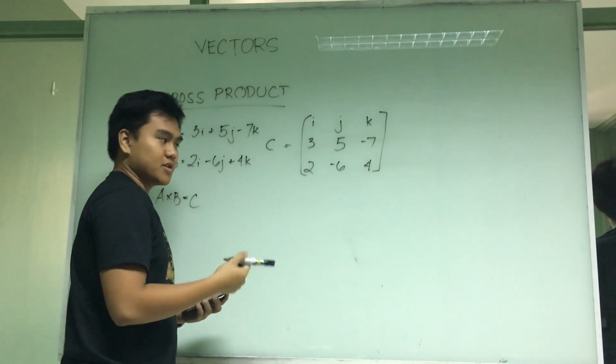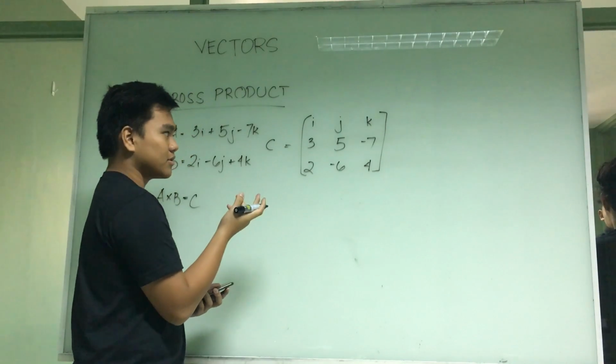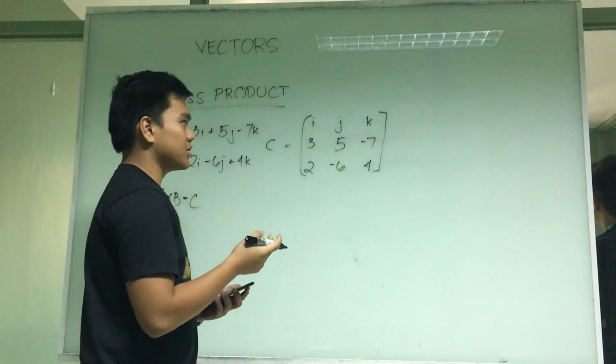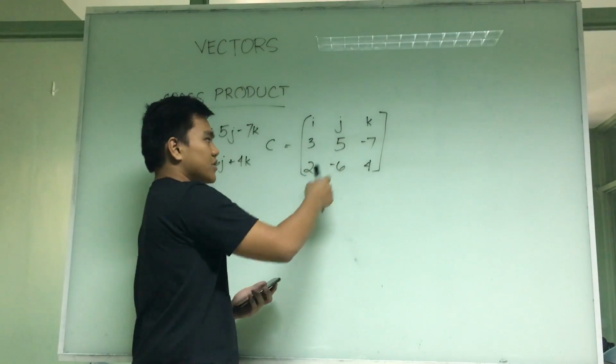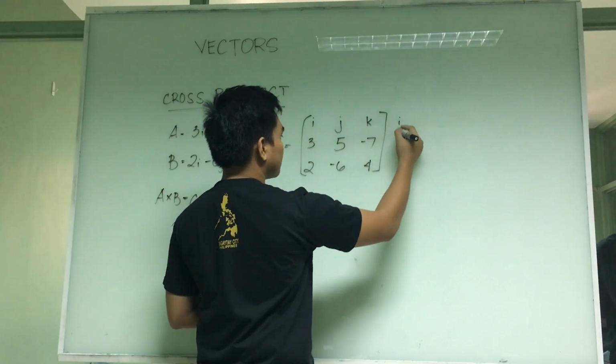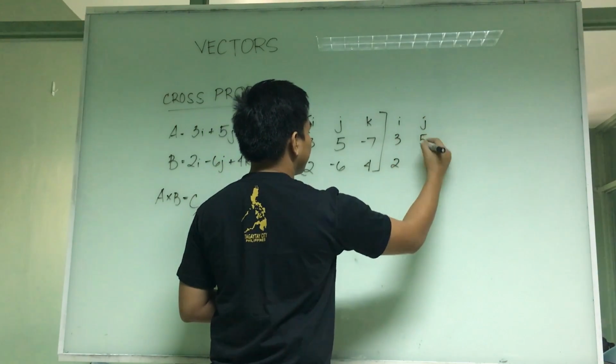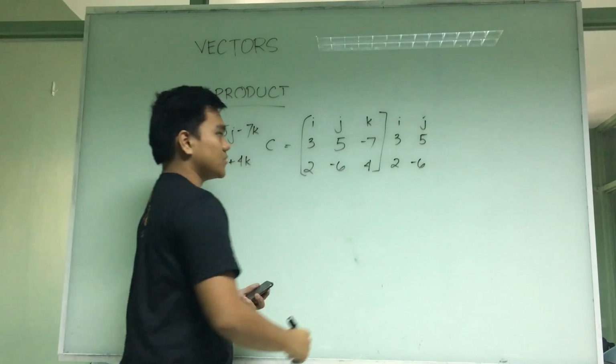Now, since this is a square matrix, the way that we could perform the basket method is to repeat the first two columns on the right. So this is going to be i, 3, 2, and j, 5, negative 6.